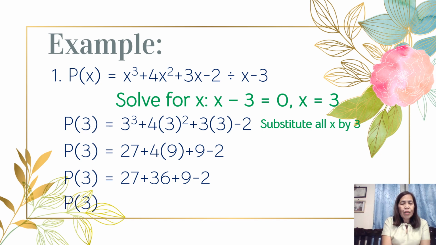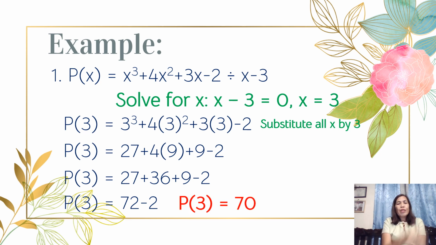Okay, then combine all positive. 27 plus 36 plus 9 is 72 minus 2. That will be P of 3 is equal to 70. So P of 3 is equal to 70, meaning as we substitute x by 3, the remainder is 70.